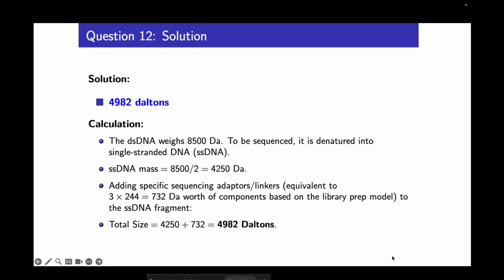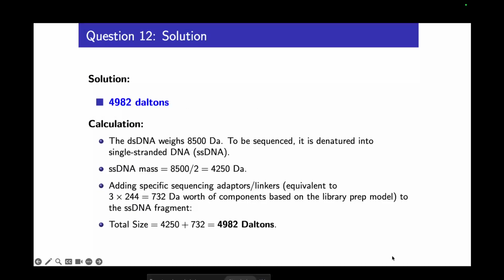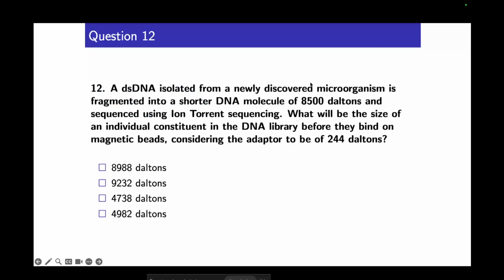Okay, the answer is, I think, D. Okay, so you have to remember this is a double-stranded DNA, right? So you do not sequence double-stranded DNA. You sequence single-stranded. It has mentioned it is double-stranded.